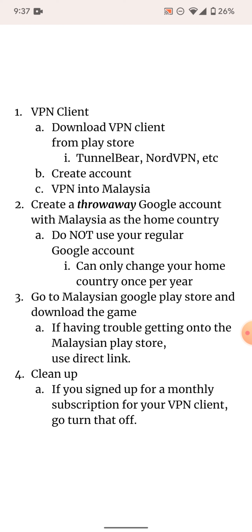So if you use your main Google account and change the country to Malaysia, you cannot change it back to your real home country for 1 year. So don't touch your main account. We're going to make a throwaway account. Third, we're going to go to the Malaysian Google Store and download the game. And fourth, we're going to do any cleanup that might be necessary.